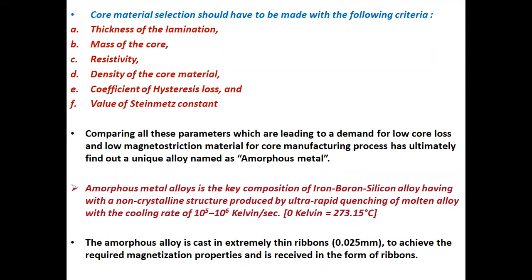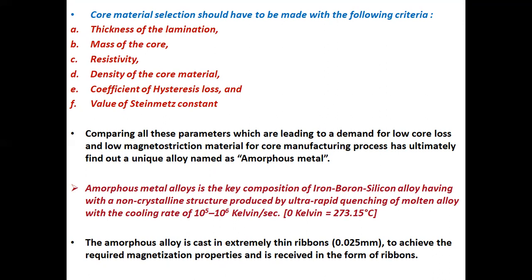Comparing all these six parameters, which are leading to a demand for low core loss and low magnetostriction material for the core manufacturing process, has ultimately found a unique alloy named amorphous metal.